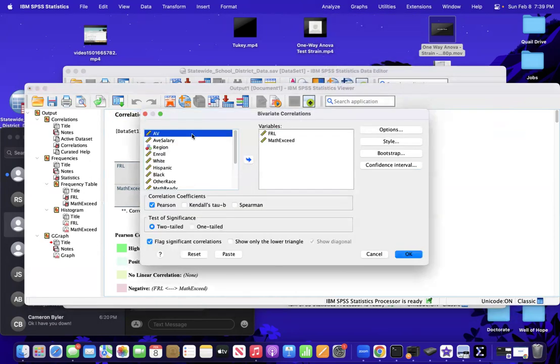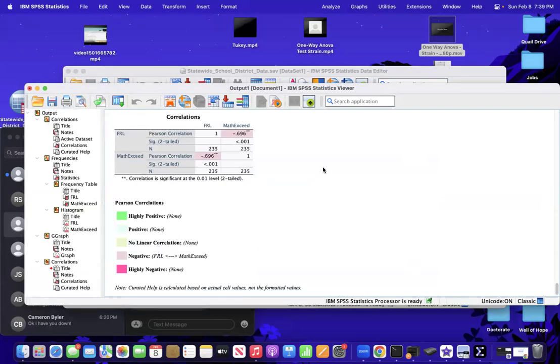And then we're going to move the variables into this box right over here. Make sure Pearson and two-tailed is checked. Click OK. And then we're going to get this information right here.